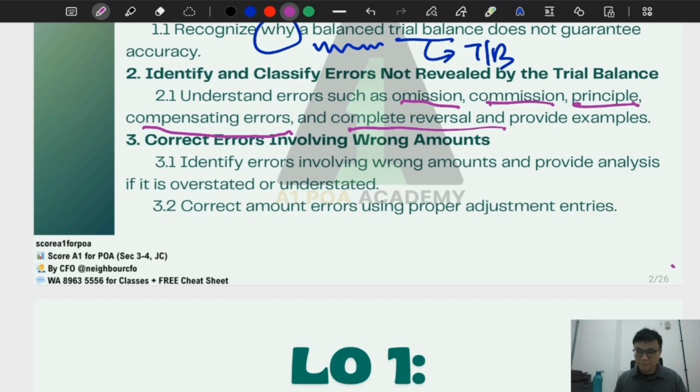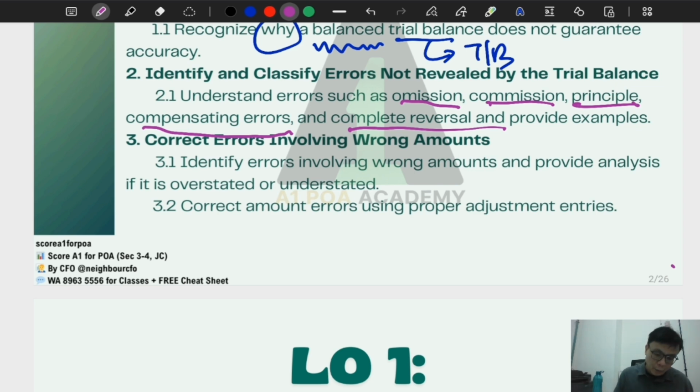Number 3, correct errors involving wrong amount. Once you are able to identify all these specific types of errors, how do you go about doing the proper adjustment?